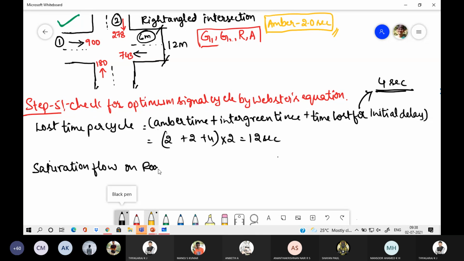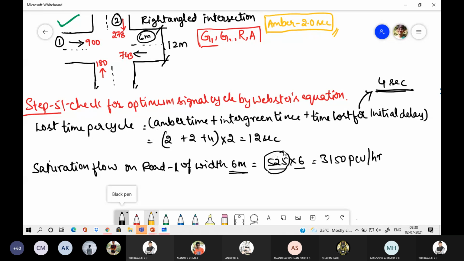Now the saturation flow on road 1, of width 6 meter, is 525 into 6, so 3150 PCU per hour. Remember, when the width of the road is 6 meter, the saturation flow you are going to consider is 525 into 6.